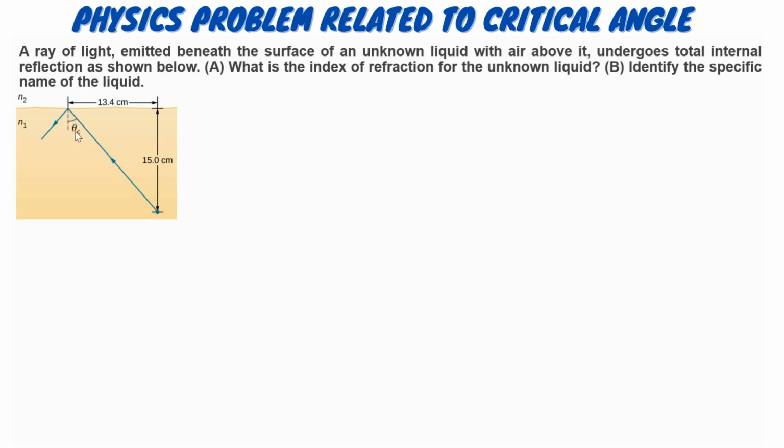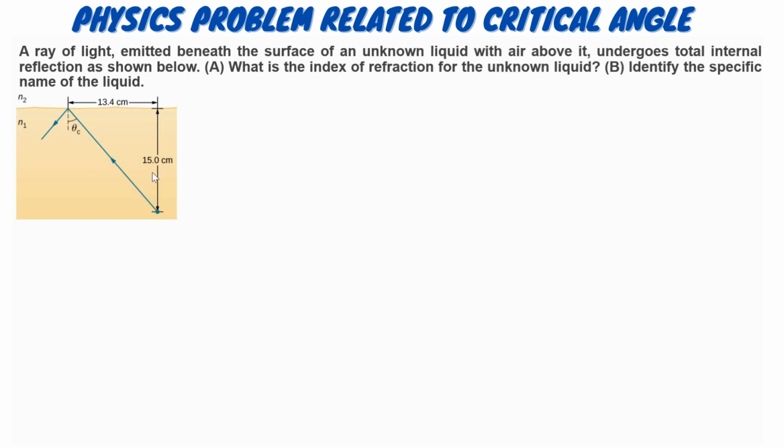Therefore, to calculate the critical angle on this side, first we need to calculate the angle on this side of the right triangle. Remember, this side and this side of the triangle are said to be alternate interior angles. Therefore, once we calculate the angle on this side of the triangle, then we can identify also the critical angle.